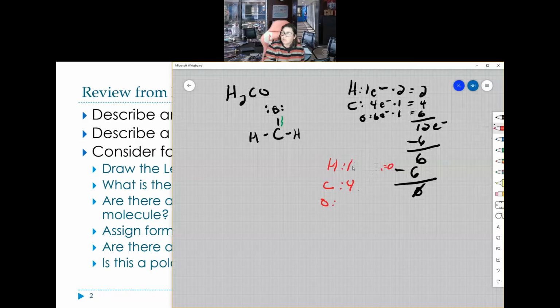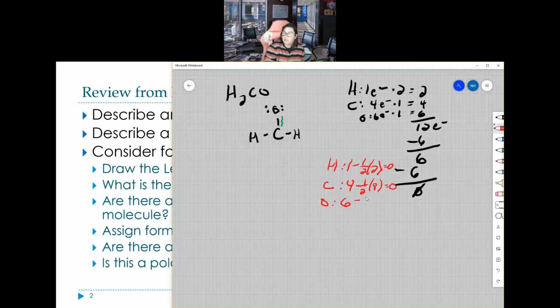We subtract half of the bonds, so 2, 4, 6, 8, and that gives me 0 there.